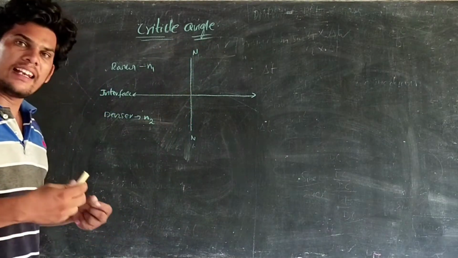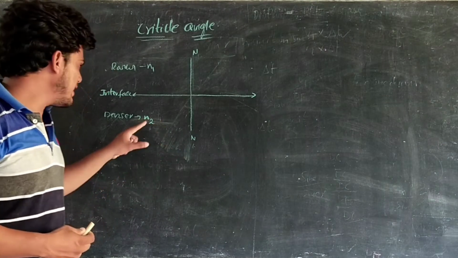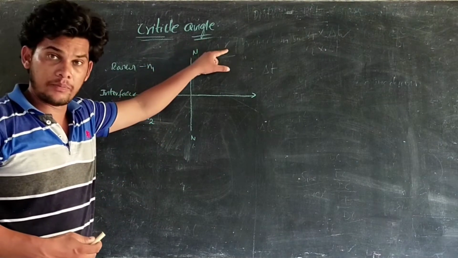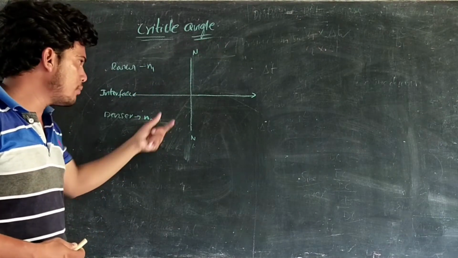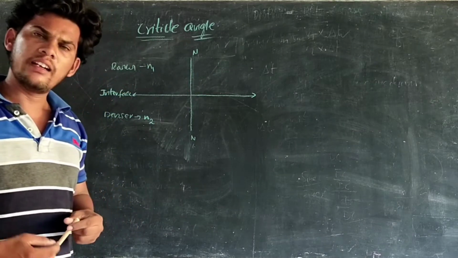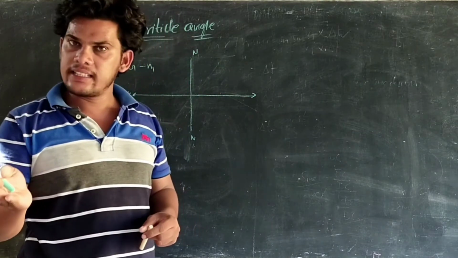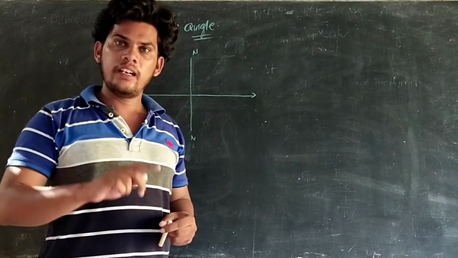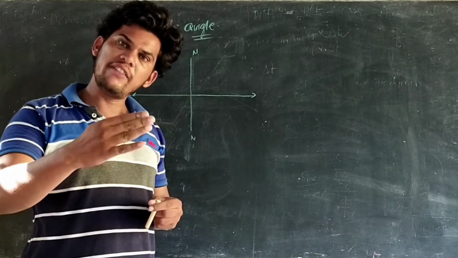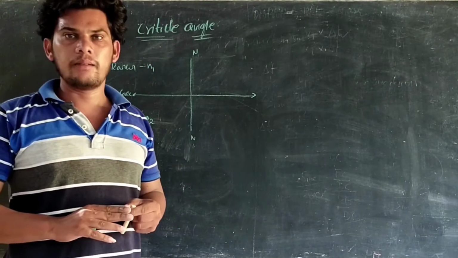Now pass the light ray through the denser medium to rarer medium. We know already that when light passes from the denser medium to rarer medium, it bends or deviates away from the normal.